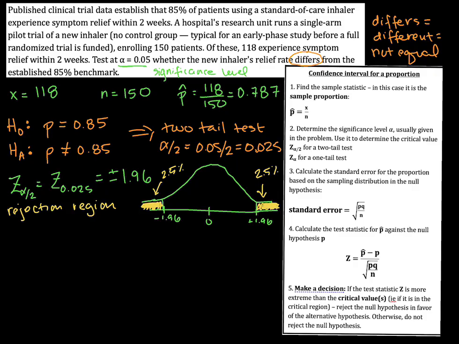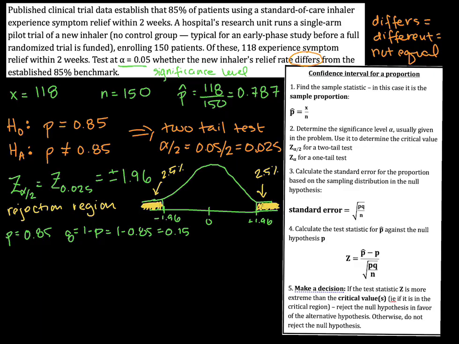First, we have to calculate the standard error. Above, we calculated the sample proportion, but now we're going to use not p hat but p, which is 0.85, which means q is 1 minus p, equals 1 minus 0.85, equals 0.15.